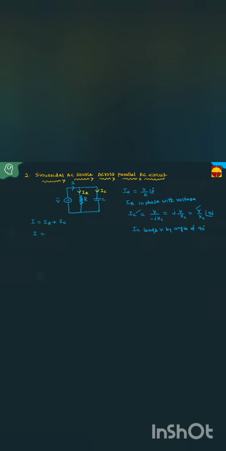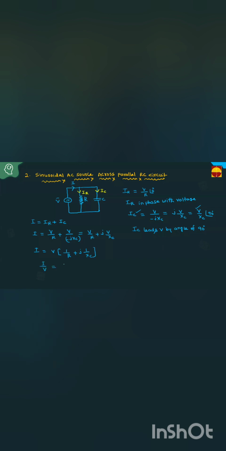This I equals, what is IR? V by R. What is IC? V by minus jXC, and also write V by R plus j into V by XC. Take V common. I equals V into 1 by R plus j into 1 by XC. Bring this V into the denominator.